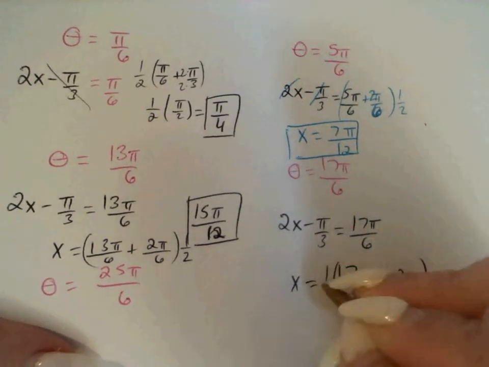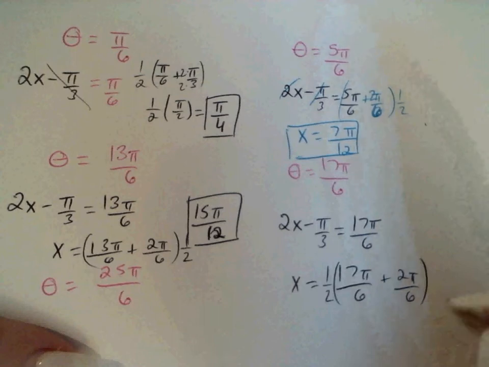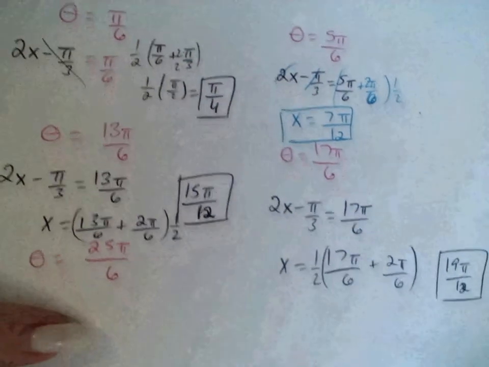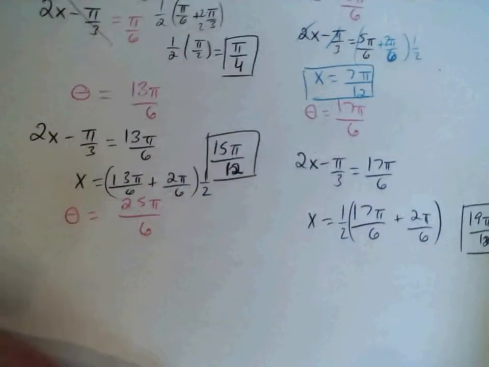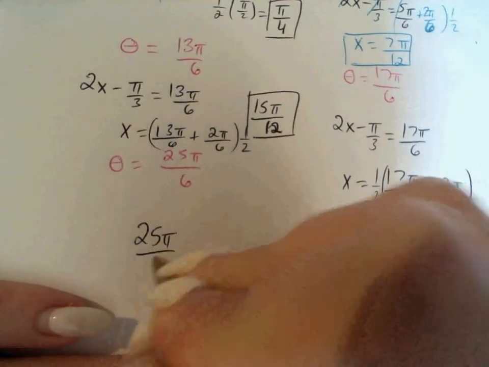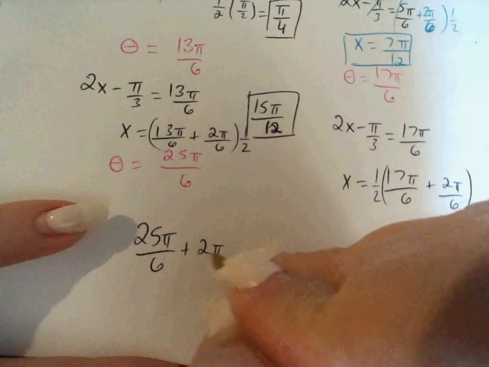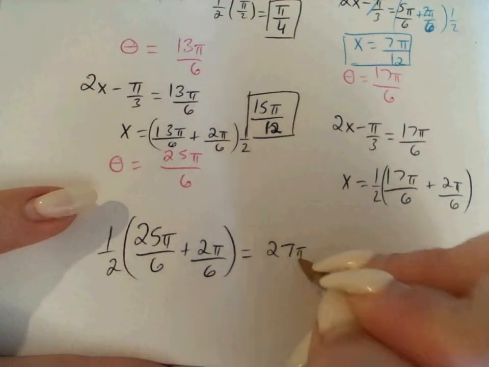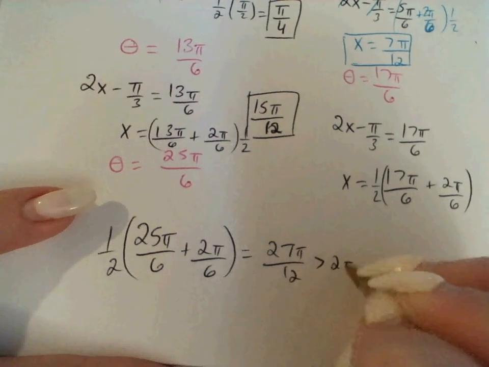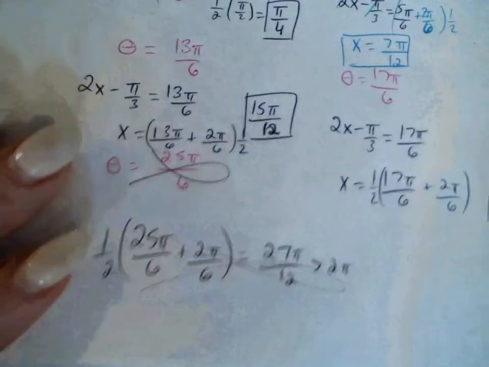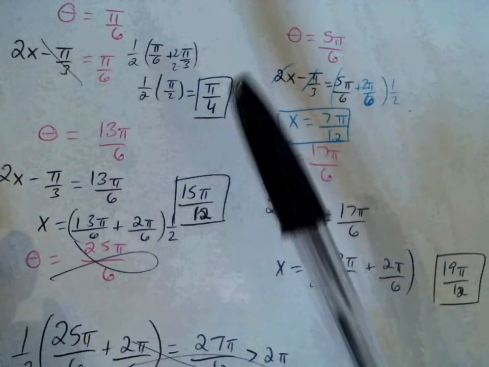We would again add pi over 3, or 2 pi over 6, and then multiply by 1/2. 17 plus 2 is 19, so that's 19 pi over 6 times 1/2, 19 pi over 12. 19 pi over 12 is getting close to 2 pi, but it's not quite. 2 pi is 24 pi over 12. But this one right here, if I take 25 pi over 6, and I add 2 pi over 6, and I multiply by 1/2, then I get 27 pi over 12, and that is greater than 2 pi. So that's out.